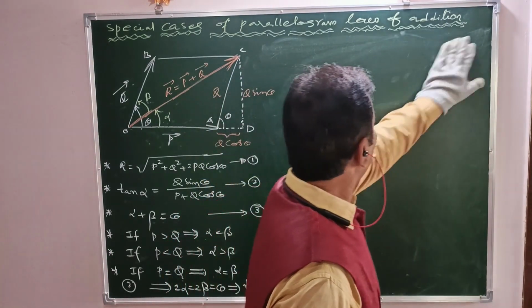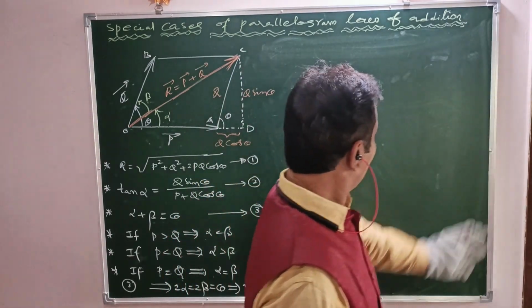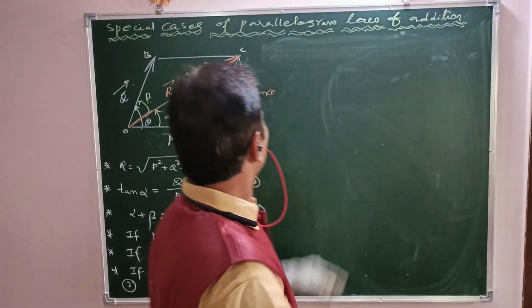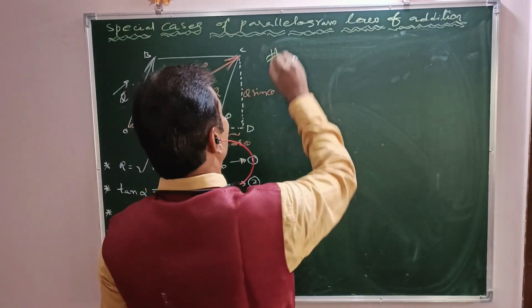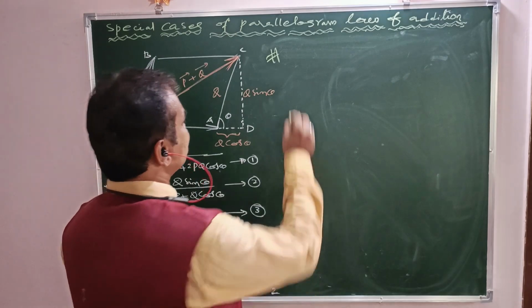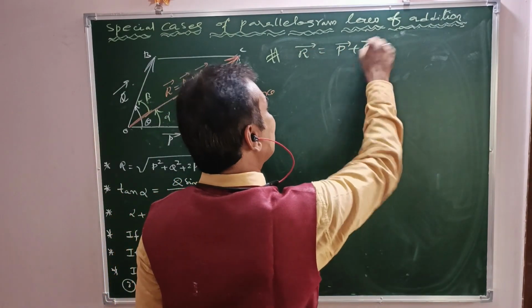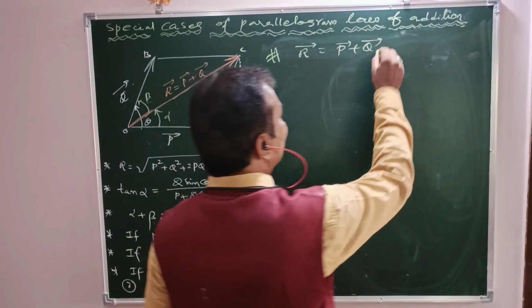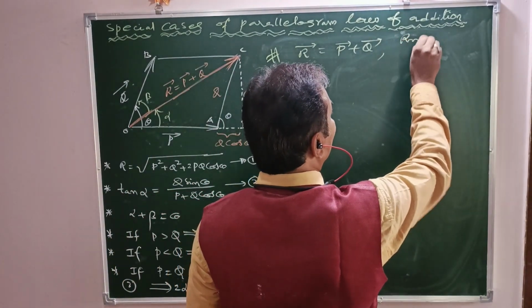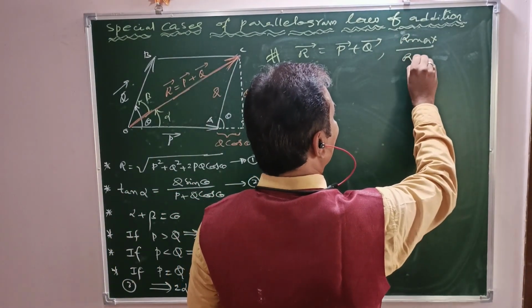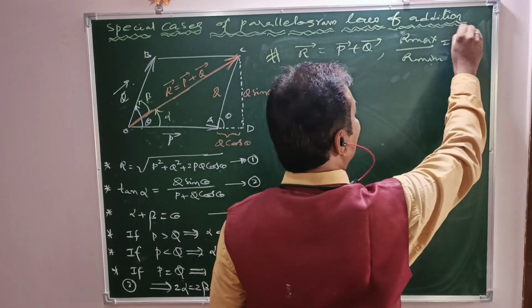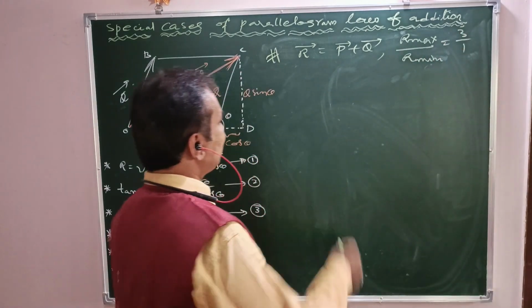One more numerical. Suppose R bar equal to P bar plus Q bar and R max divided by R minimum equal to 3:1, that is 3 by 1.